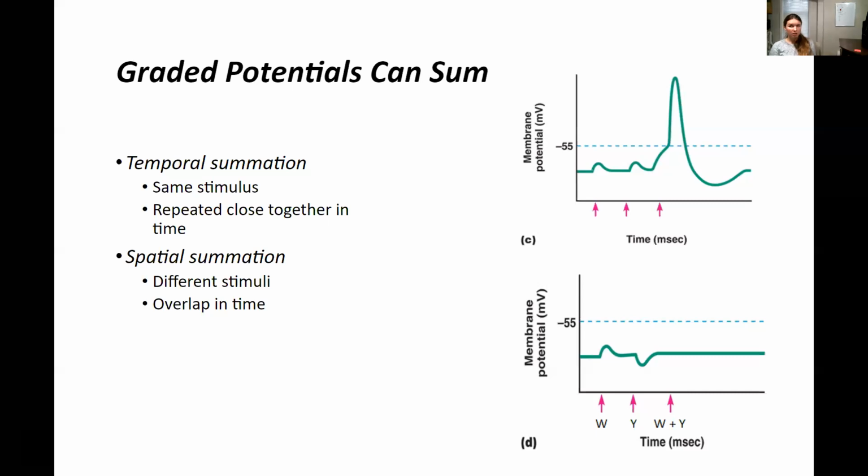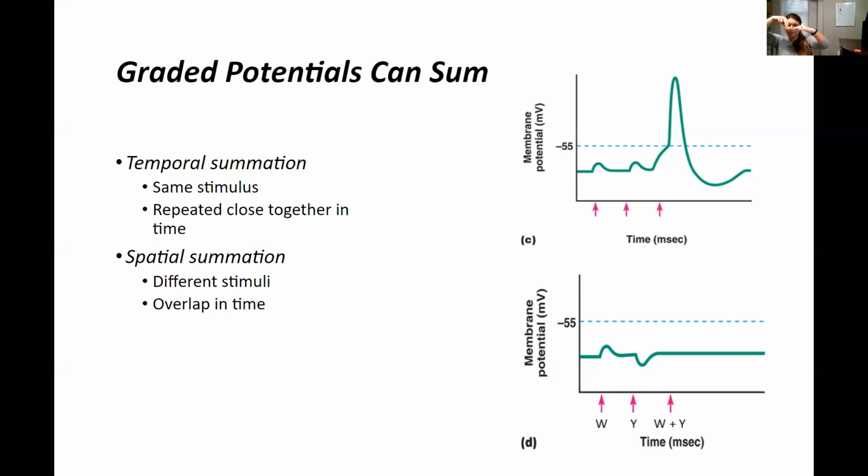We'll also see spatial summation. So when we think about our cell, and we have a stimulus, say, here on the left and here on the right, we know that our graded potentials dissipate over distance.